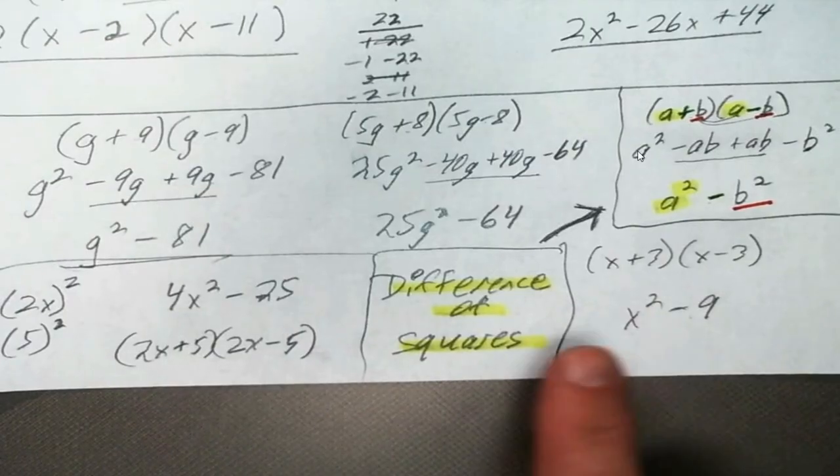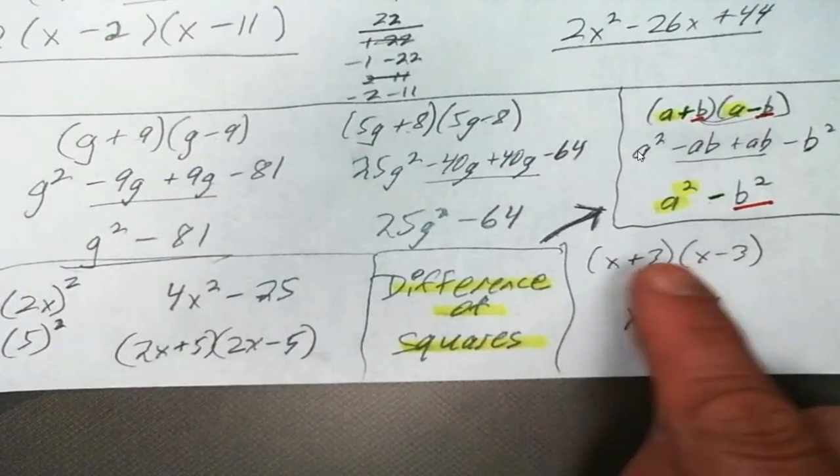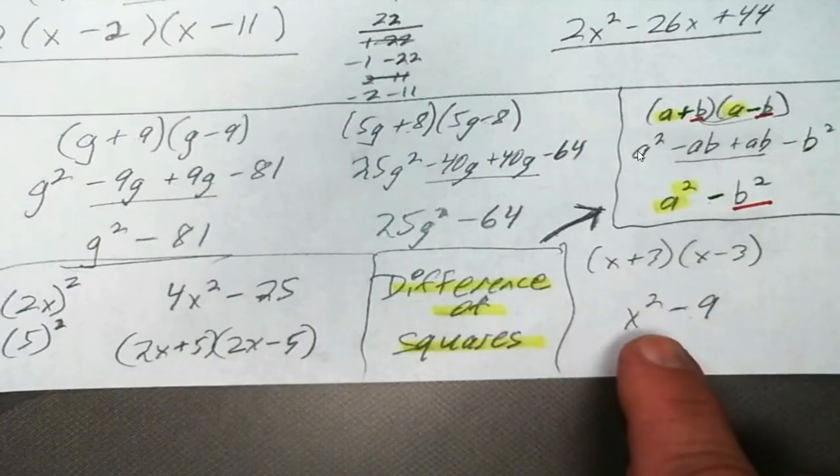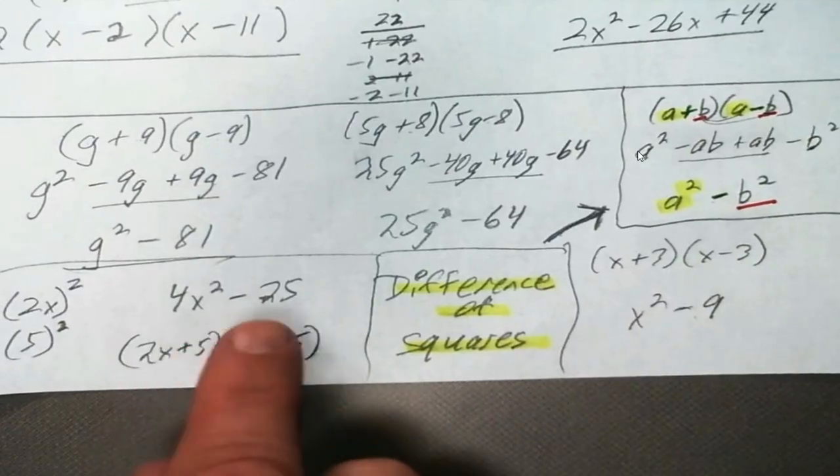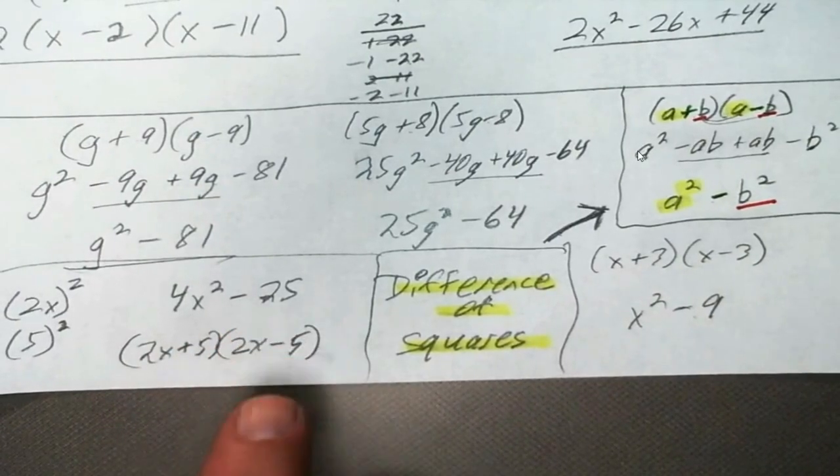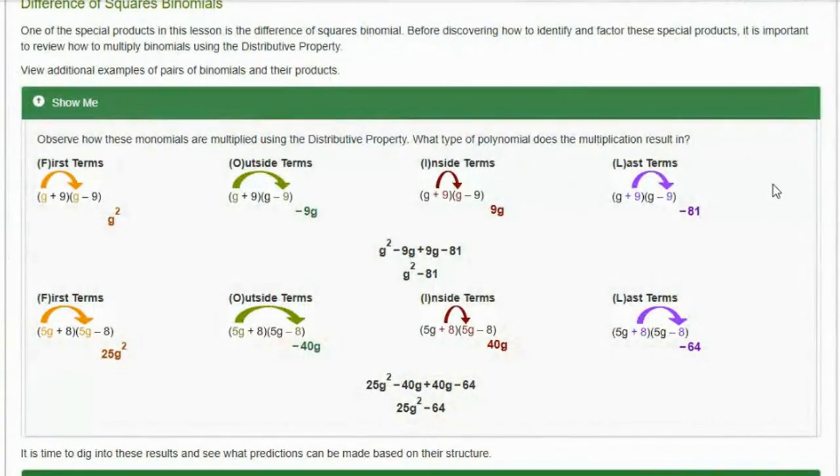But if we recognize, hey, this is a difference of squares, we can just jump straight to the answer. Or the other way around. We can try to factor all this, but difference of squares saves us time.